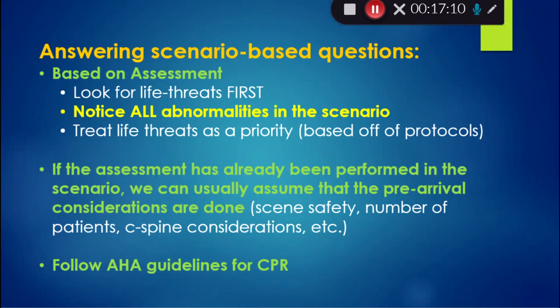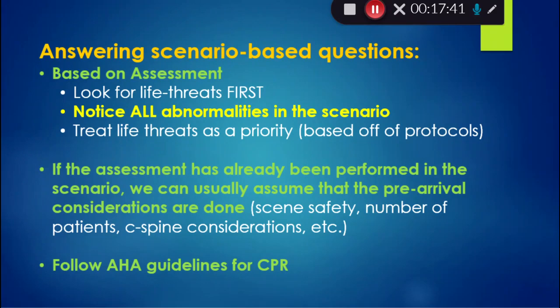If the assessment's already been performed in the scenario, then we can usually assume that pre-arrival stuff, I've got my PPE on, is the scene safe, number of patients, what's going on, is it a mechanism of injury or nature of illness, how many patients do I have, do I need ALS, all of that, most of the time we can assume was done before we got there.